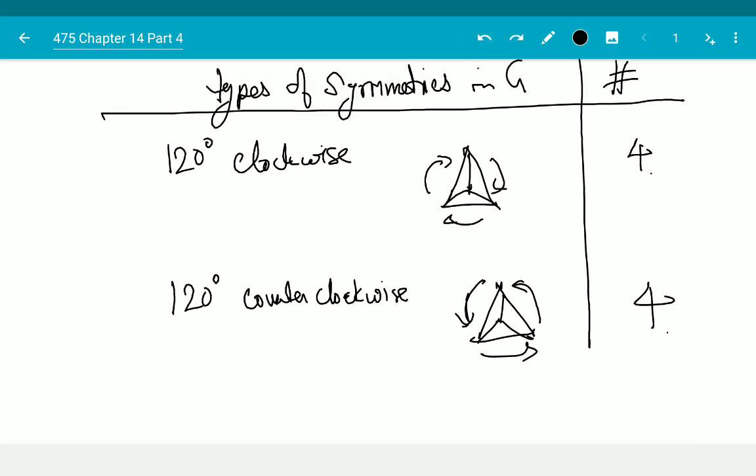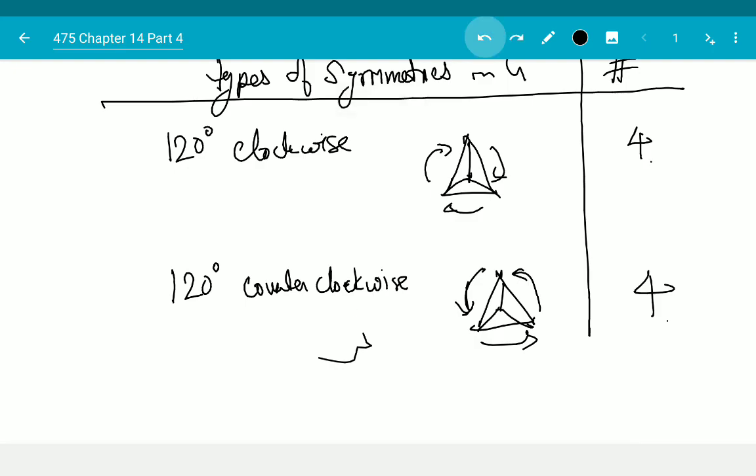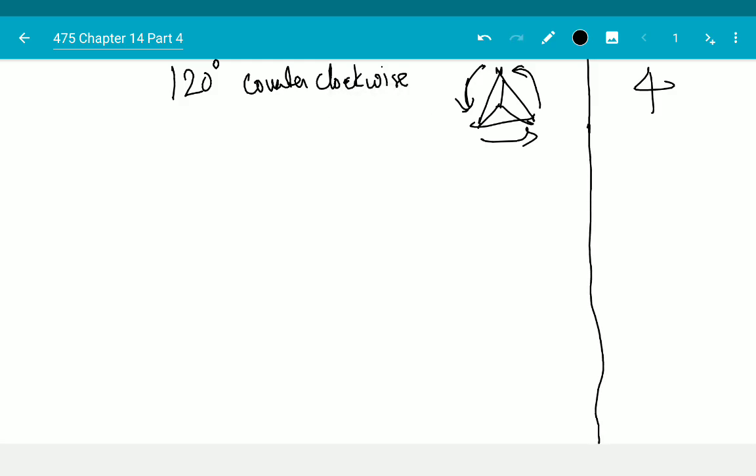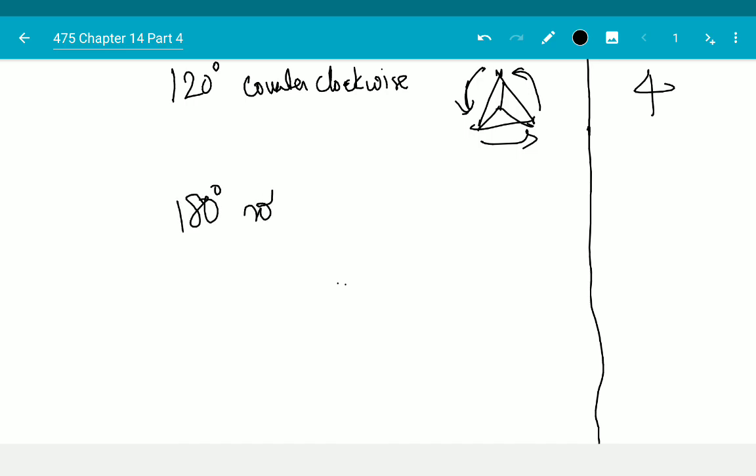And now there is another fancy rotation that is allowed, and that is a 180-degree rotation around not one of the major axes, but if you draw it like this, then it's going to be between the two opposite sides.